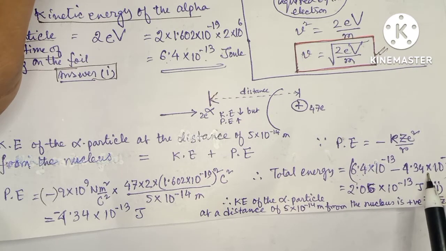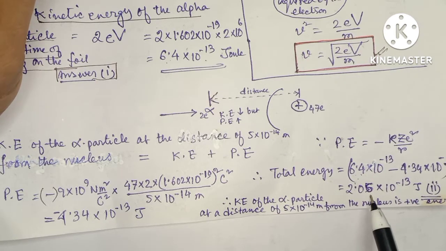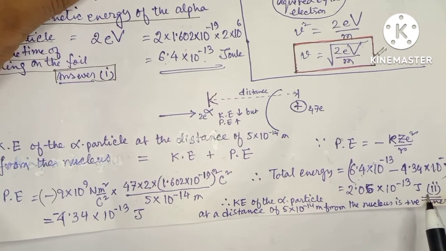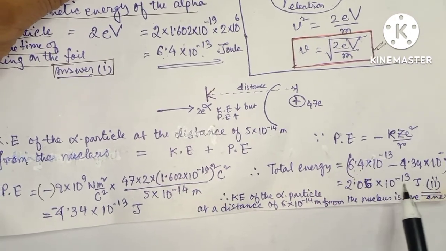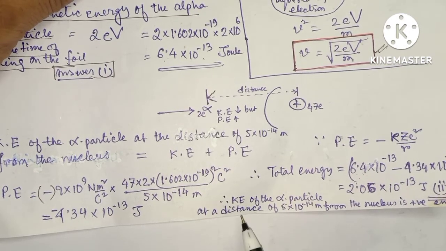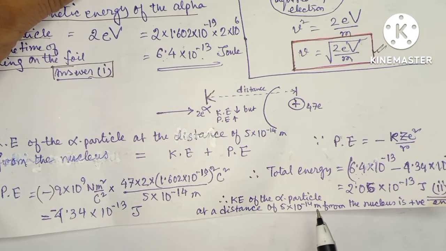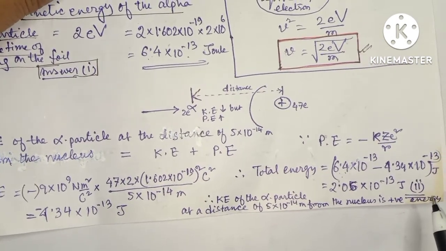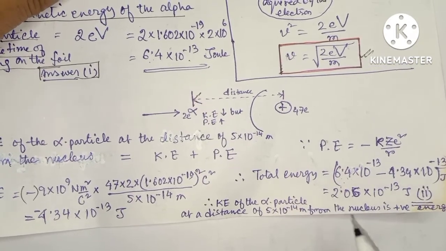Putting this, we get 2.06 into 10 to the power minus 13 joule. This is the answer of part 2. Therefore the kinetic energy of the alpha particle at a distance of 5 into 10 to the power minus 14 meter from the nucleus is positive, right? Here it is positive.